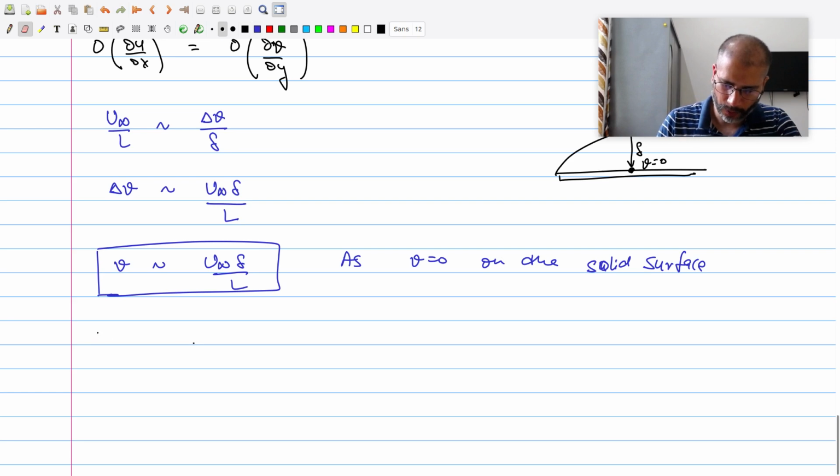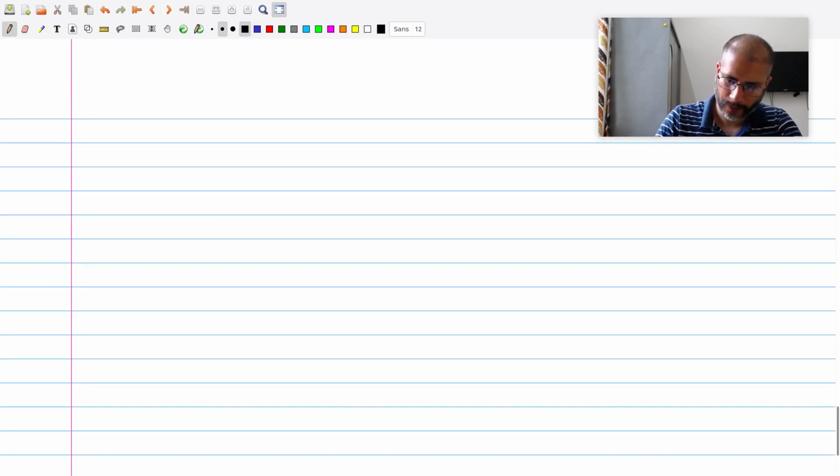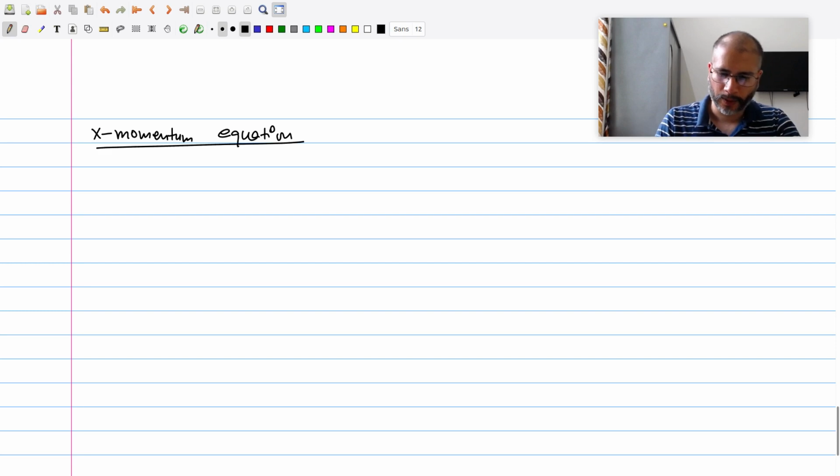Let's start on a new page. The x momentum equation. Let's write the equation again, and then I'll write the orders of magnitude just below them.